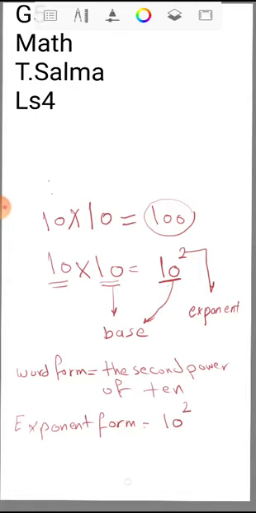So you will write the base and you will put the number of repetitions above the number, and we name this repetition the exponent, okay? And you have to find the word form and exponent form. The word form is the second power of 10, okay?